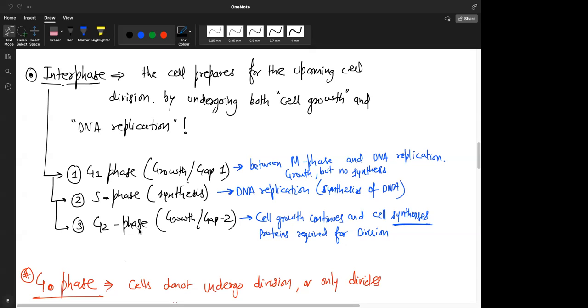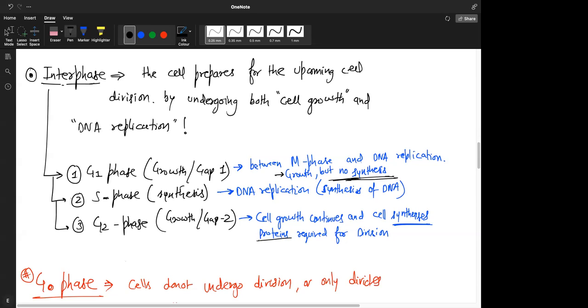In G1 phase, there is no DNA replication. G1 phase is between M phase and the DNA replication. There is growth, but there is no synthesis in this phase. This is what makes G1 different from G2. In G2, there is growth with synthesis of proteins.